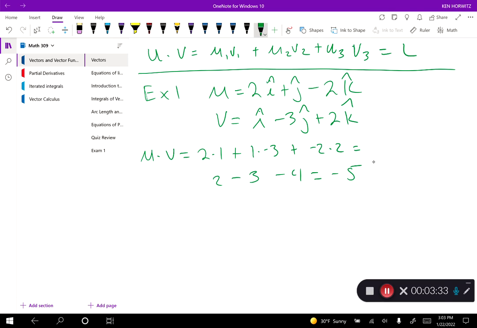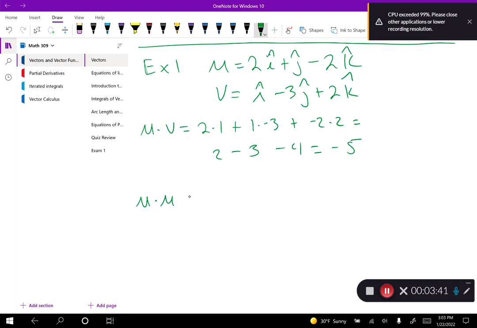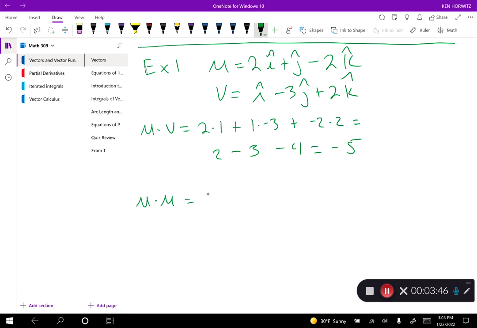Now, we don't always have to just do a dot product of u and v. We can do, for example, u dot u if we wanted to. So I can take my first element of u times my first element of u, plus my second element times my second element, and then add that to negative 2 times negative 2.